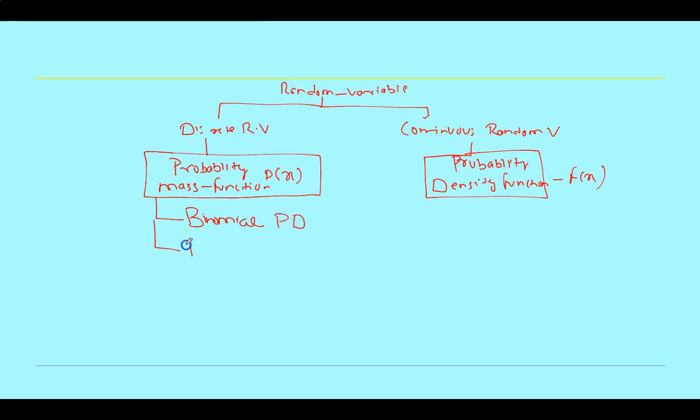We can have Poisson, and we can have uniform and Bernoulli also. There could be a variety of other distributions also possible that we will discuss in the next section. Thank you.